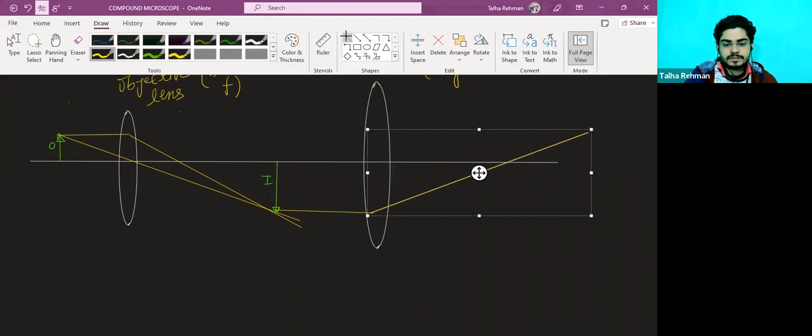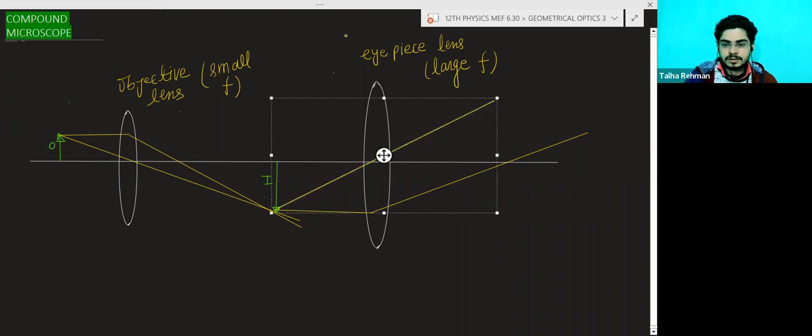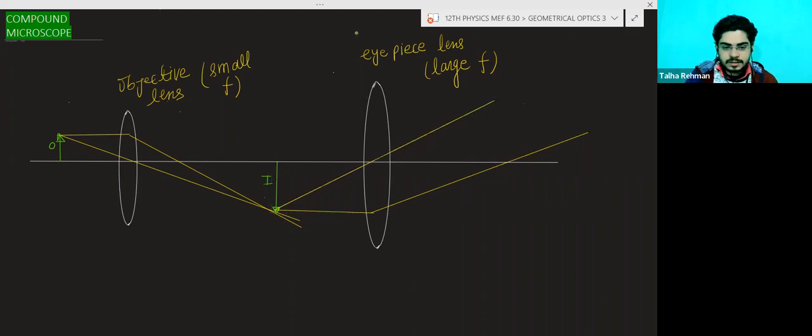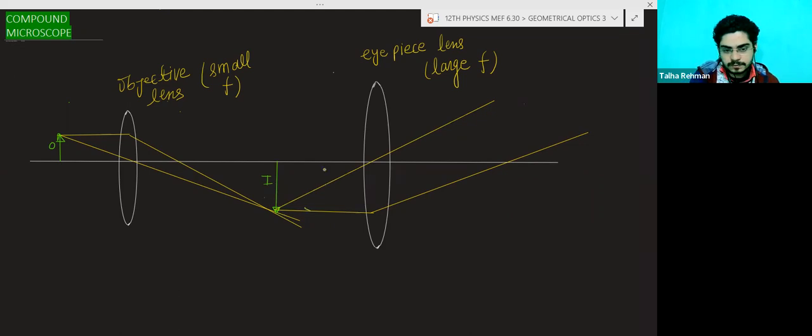So in the same way, now it's fine. So now you can see this is the first ray from this, and this is the second ray from this object like this. And after refraction, both the rays are diverging rays.